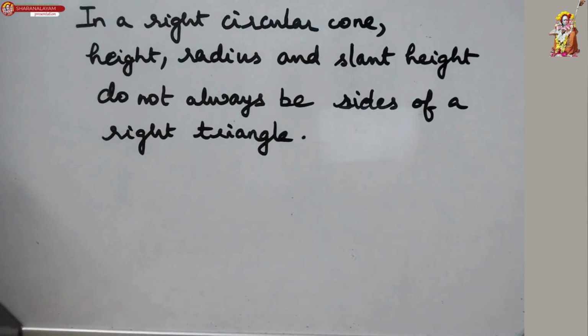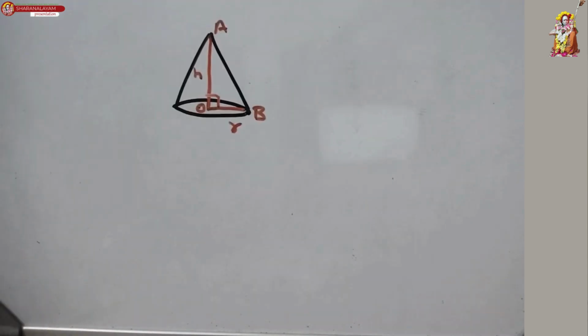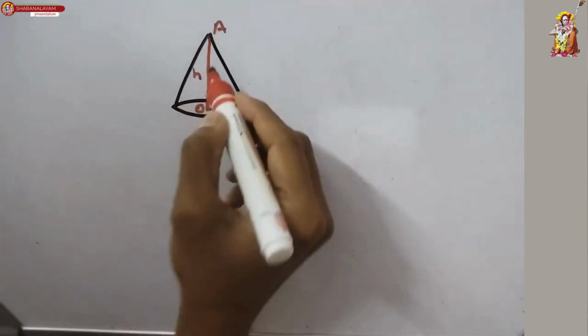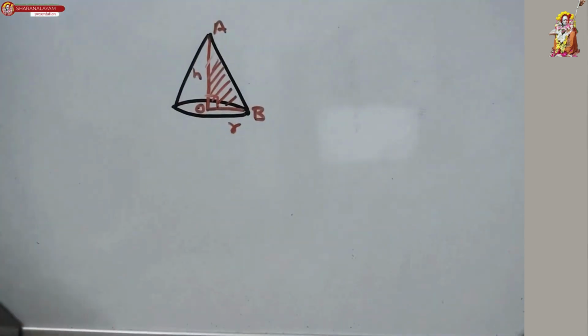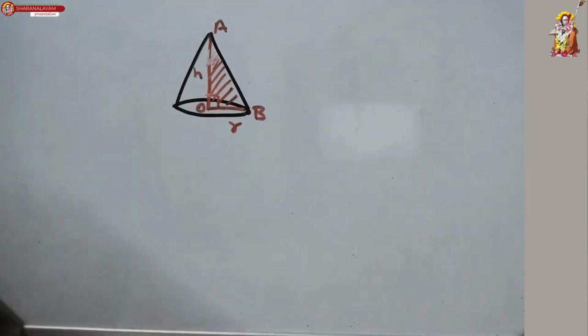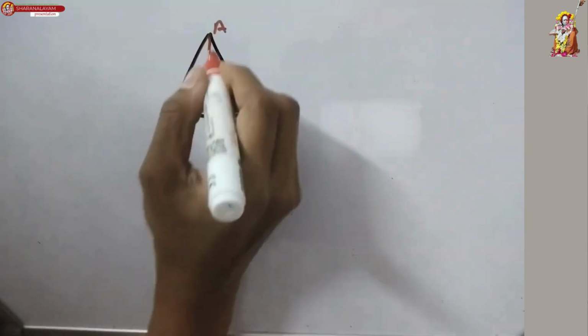Next question. In a right circular cone, the height, radius and slant height do not always be sides of a right triangle. Is it true or false? Let's see. If you see this right circular cone, you will find that on rotating this right angled triangular lamina, if you rotate this triangle AOB about OA, this is the axis.